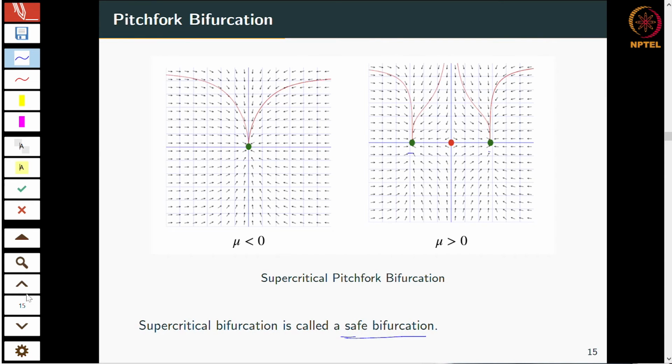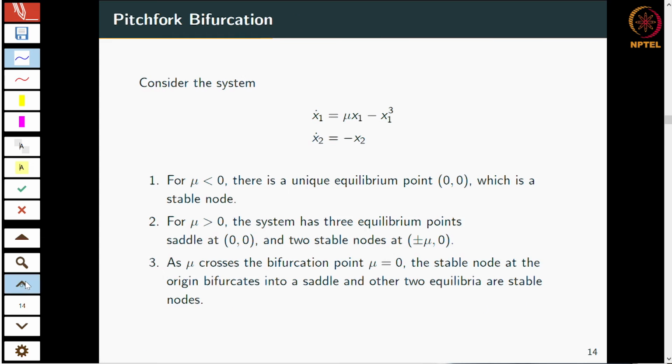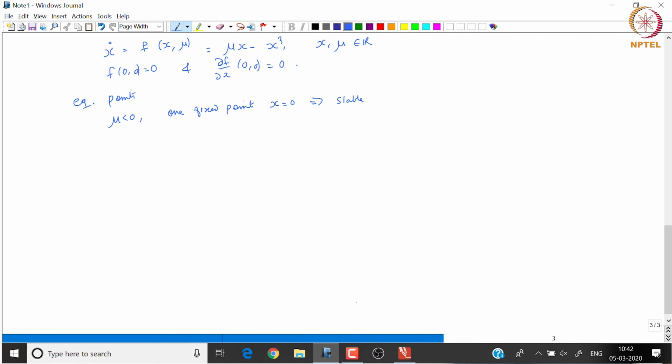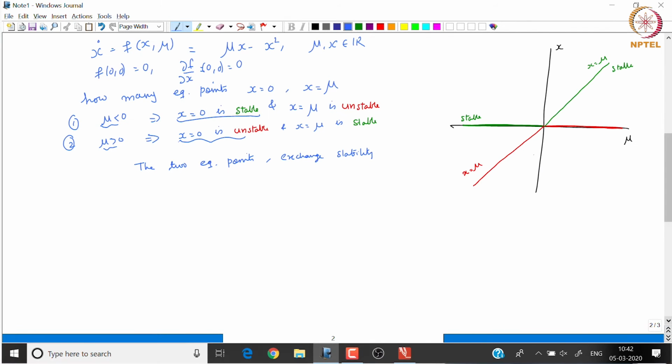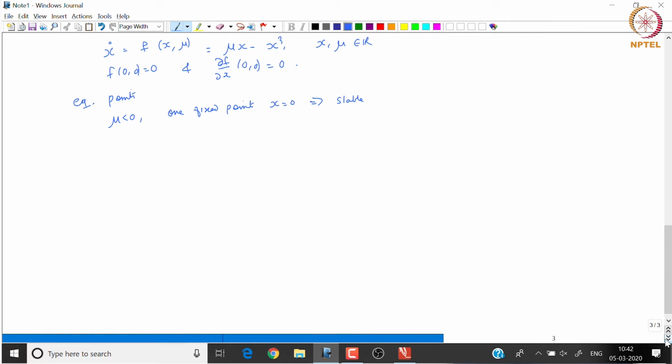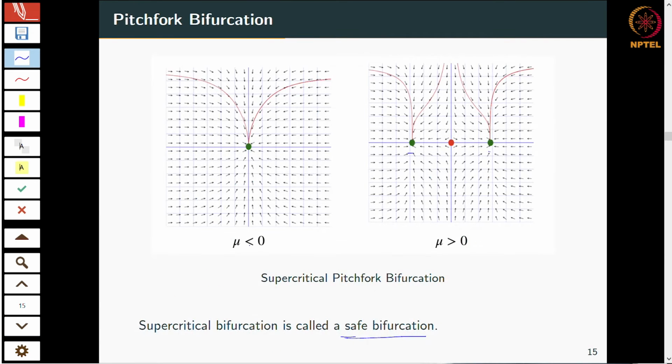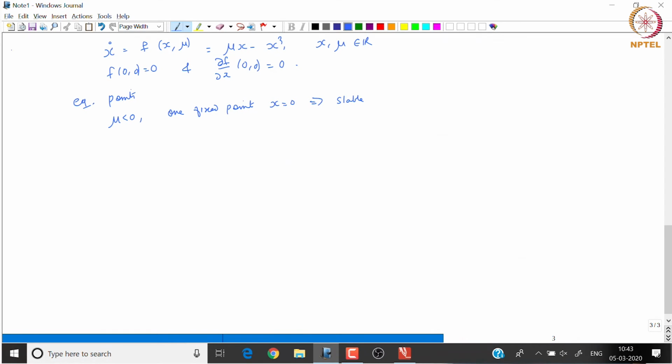So I'm now over here. In the previous case, you can just check what is happening here, right. That the red dot becomes green and the green one becomes red for the transcritical bifurcation. So what I'm drawing here is a different version of what I drew in the first lecture. Okay, so now we are in this pitchfork bifurcation case. Okay, so mu less than 0, there is one fixed point x equal to 0 which is stable. Same was the case here also, right, this one. So this is the case of pitchfork bifurcation.